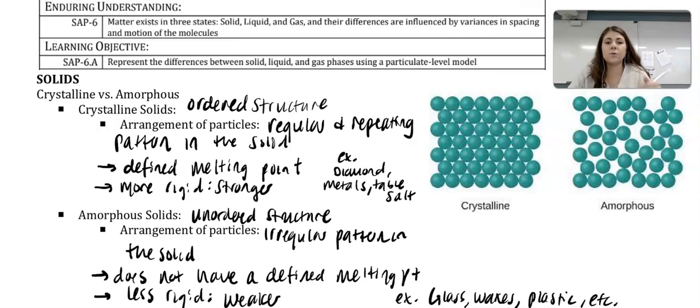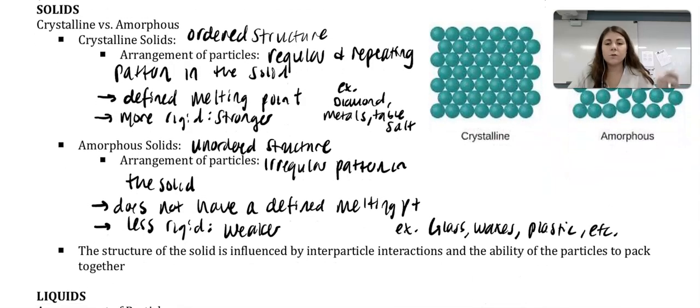While the amorphous has a lot of spaces in between all the other atoms, okay? Now, the structure of a solid is influenced by interparticle interactions and the ability of the particles to pack together. So knowing the different types of solids that we looked at in Objective 3.2 is going to help us understand the strength of the forces between the solid.